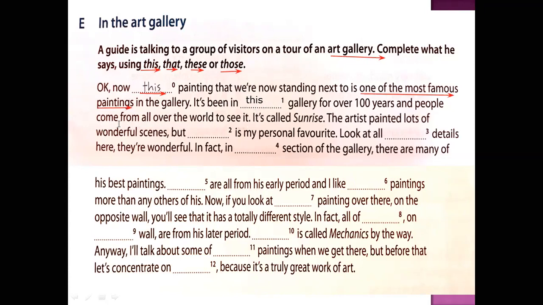The gallery is one, singular, and not plural, and they are in the gallery, not at home. Yes, the gallery exists now. It's present. It's not gone. It's correct, Musa. 100 years, and people come from all over the world to see it.